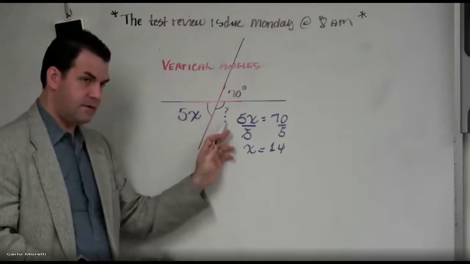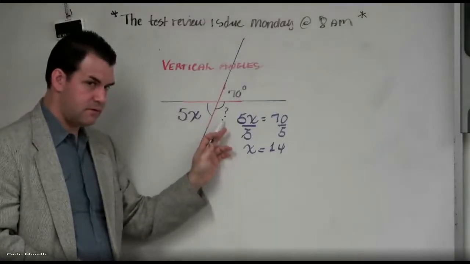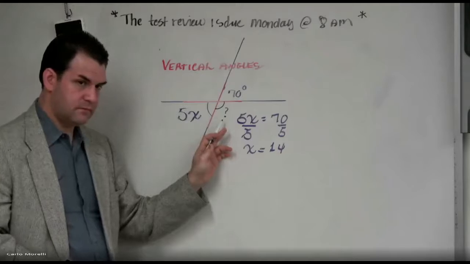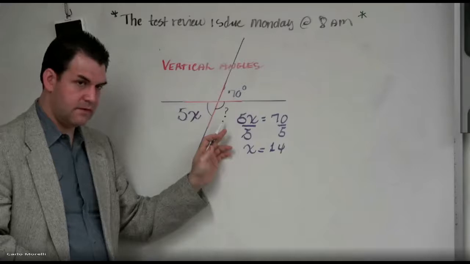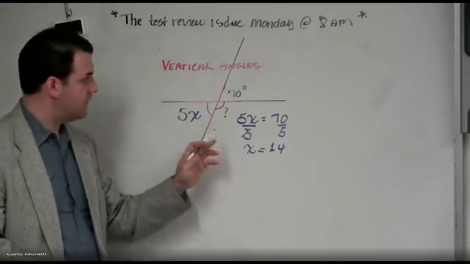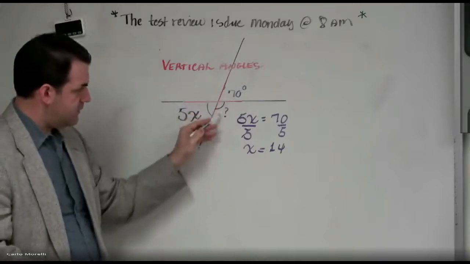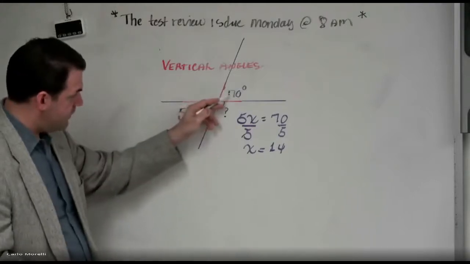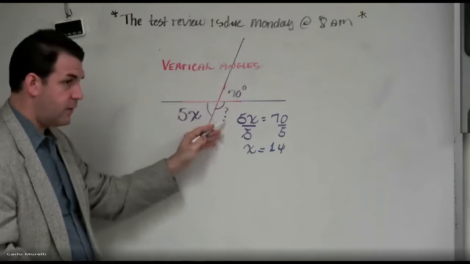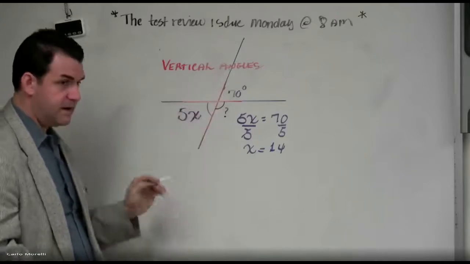So what is the angle measurement of the question mark? You already said the number earlier. It's 110. Good. Because 70 is going to be supplementary with this angle, because the two numbers 70 plus question mark have to equal 180, right?